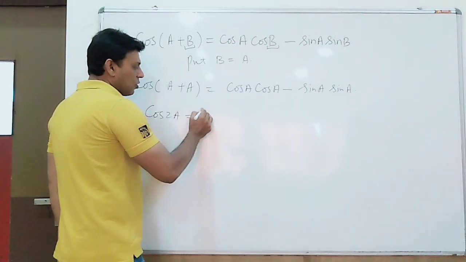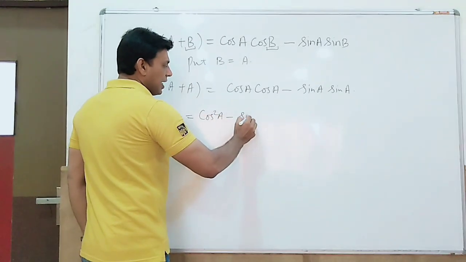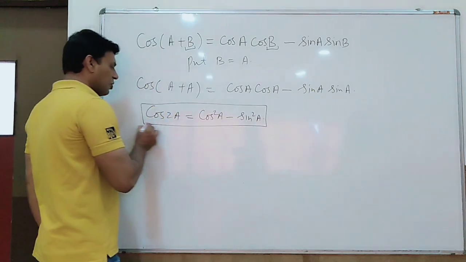Then cos A into cos A, cos square A, and sin A into sin A, sin square A.